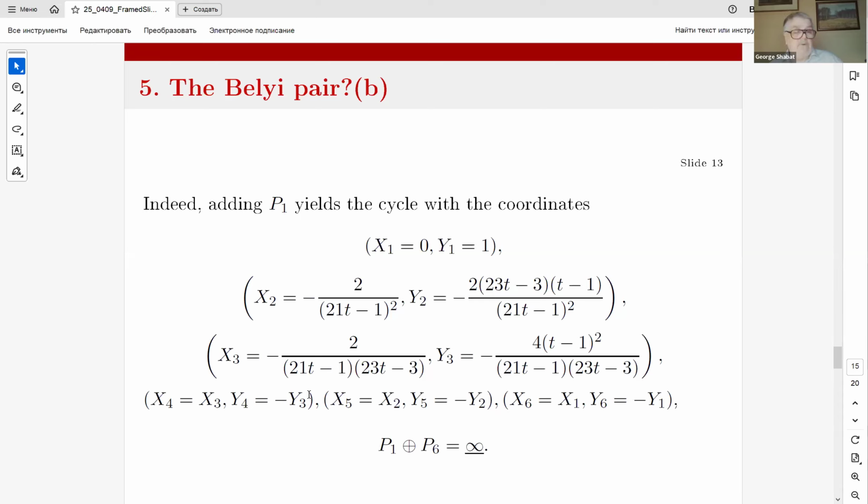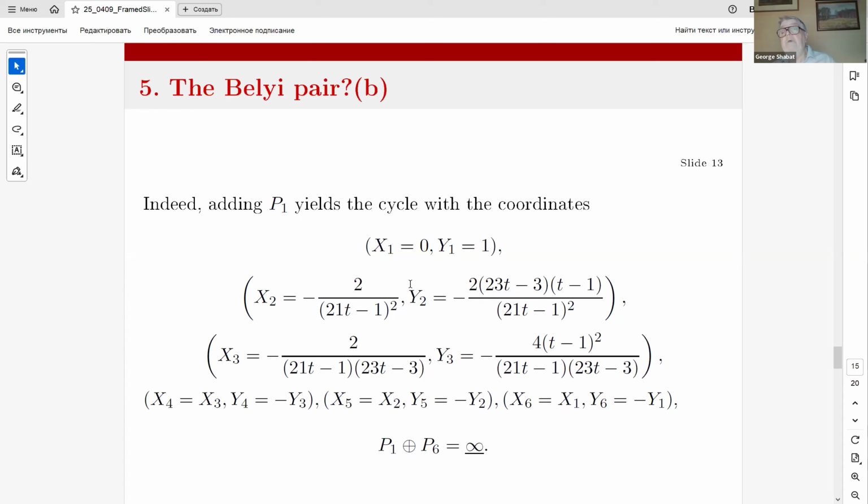It is better to understand it with a picture, with a standard picture of the cubic curve in the Weierstrass form, where we distinguish a point with the number 1, and it turns out that the 6th iteration is minus this point, with the opposite sign of the ordinate.